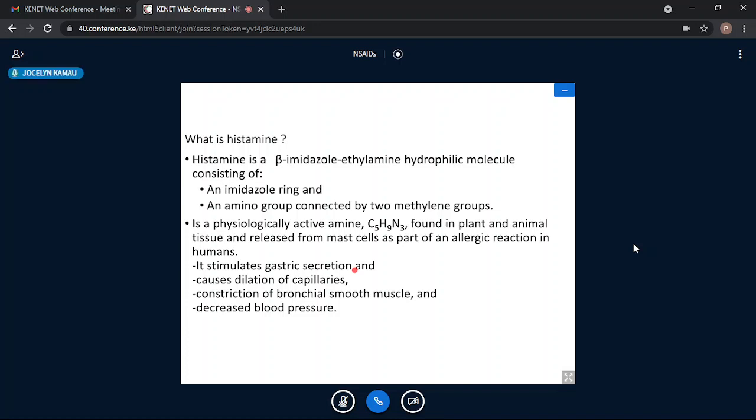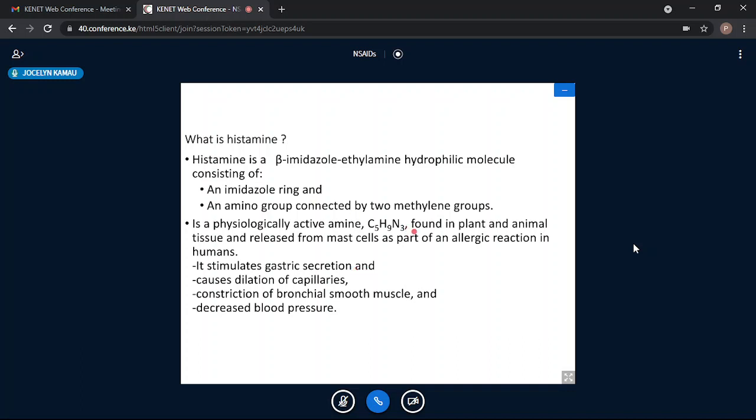That allergen will prompt the degranulation of mast cells, and the degranulation of mast cells will release histamine. Then histamine will go to its respective sites and bring about those reactions that you see.